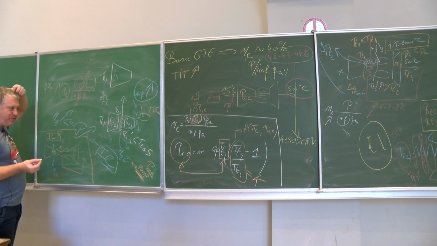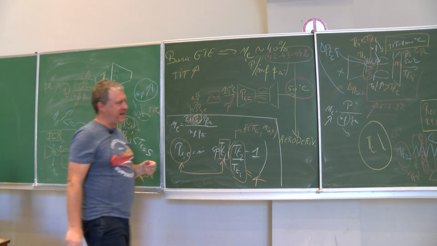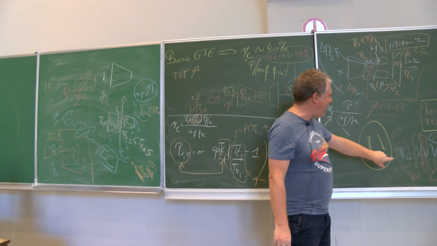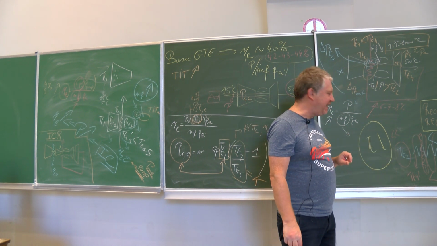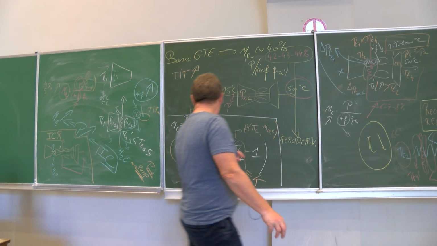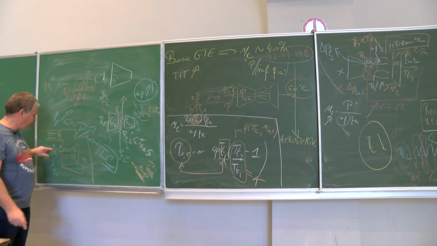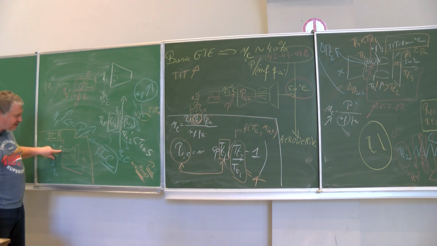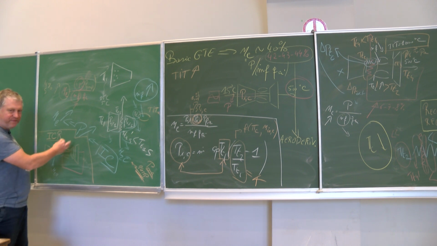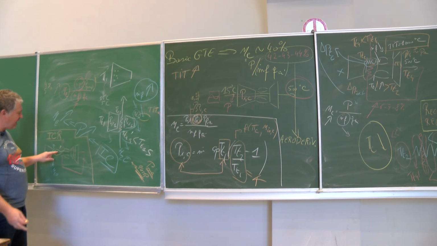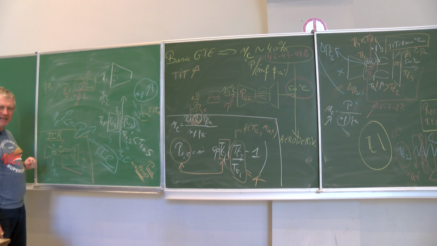Why is it interesting? This is because, as I said, this is a way to have a very efficient heat exchanger, because thanks to the cooling of the water, the temperature here is lower, so you will have a very efficient heat exchange between the air and the hot gases.